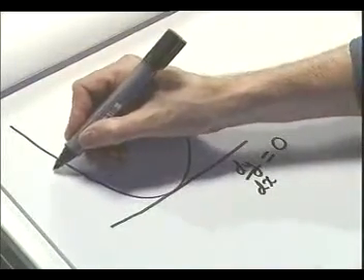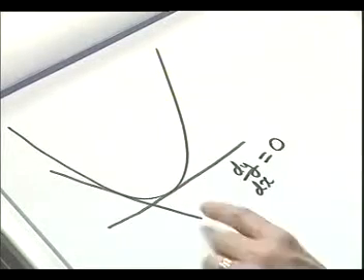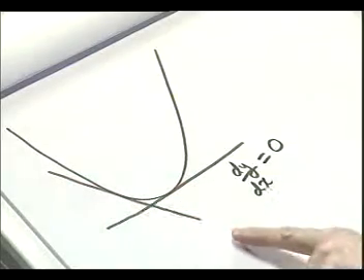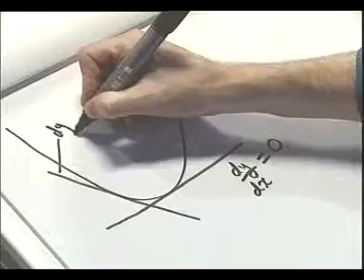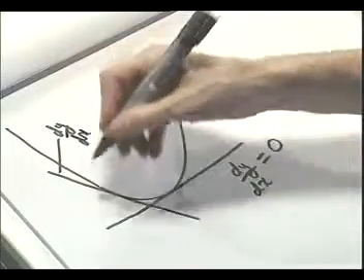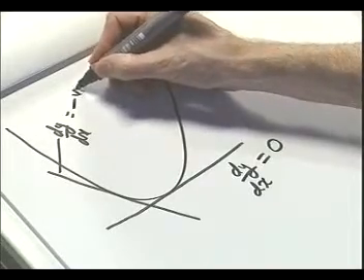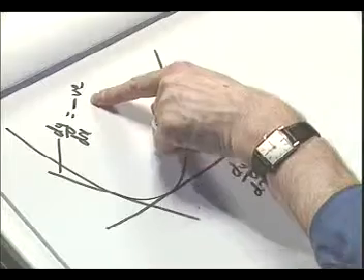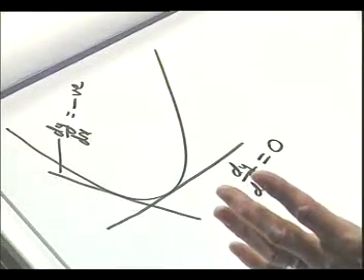Let's take a point a little bit before the minimum point and take a tangent at that point, and here we see that the tangent has a negative slope, and so dy by dx is negative. I'm using this as a shorthand for negative. I'm not actually bothered about the value of dy by dx, just its sign.